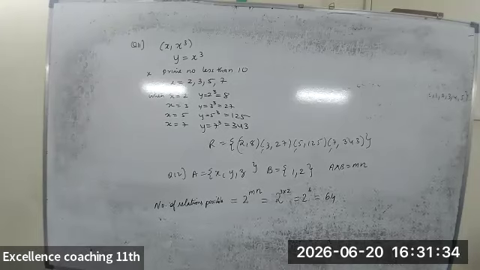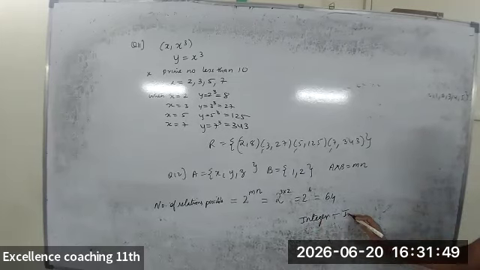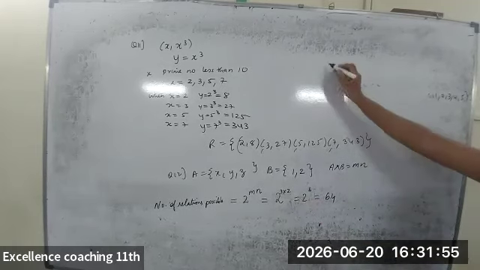Here we have to write only the domain and range. We cannot actually find the relation because integers are too many of them. All the integers, they are not specified. So you know that integer minus integer will give you an integer. So the domain and range.